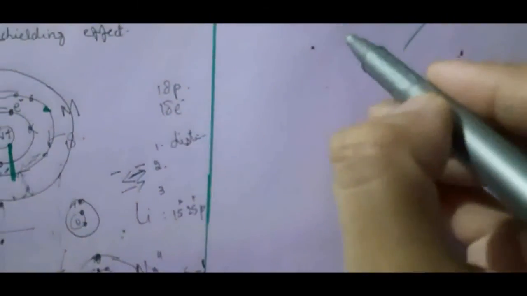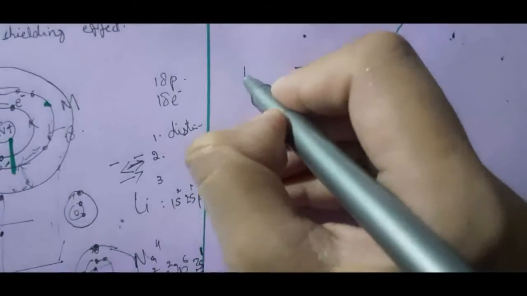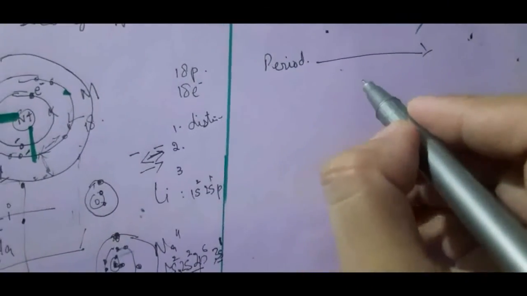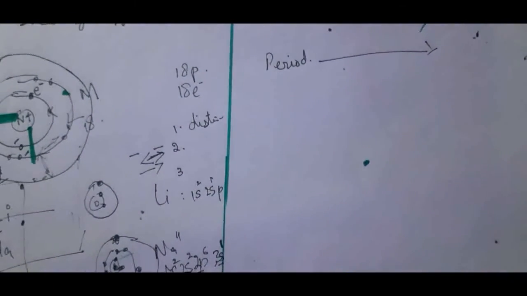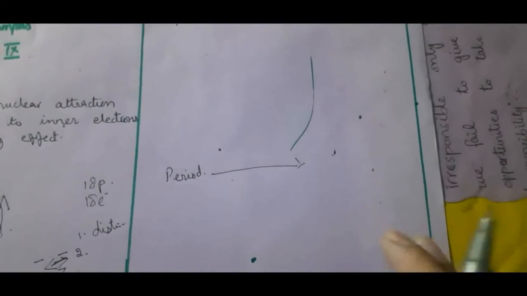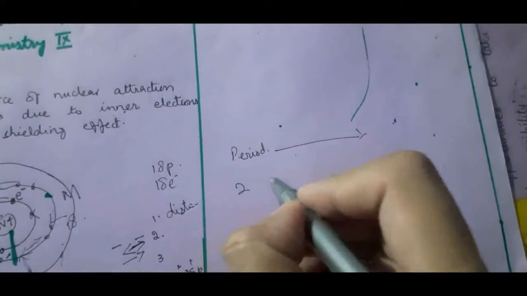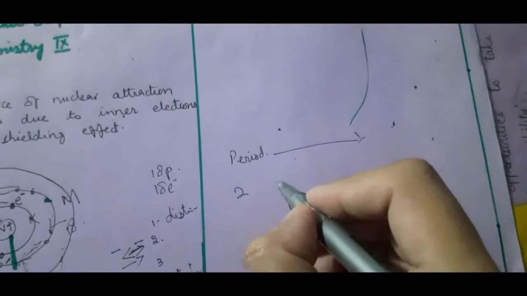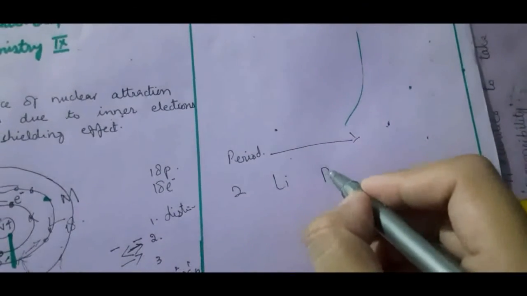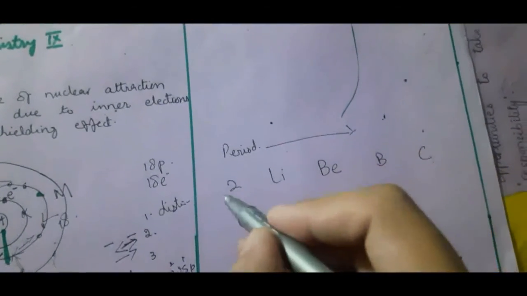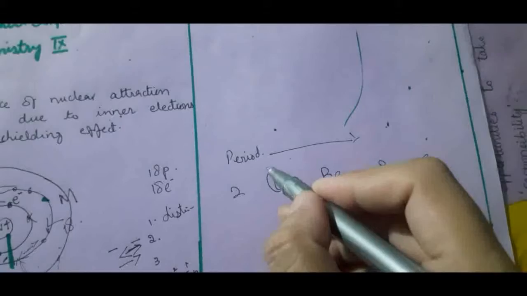But what's the case in moving from left to right in a period? Take an example of the second period, the same lithium one. Second period means this is lithium, here there is beryllium, here is boron, then carbon, right? Second period means that there would be 2 shells.